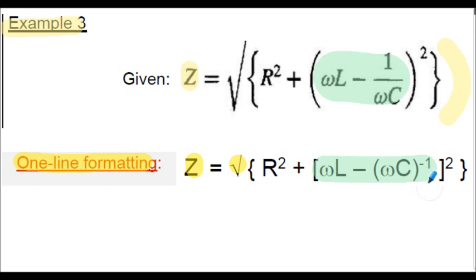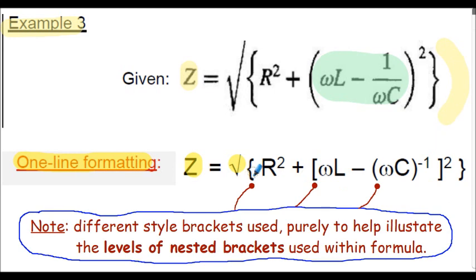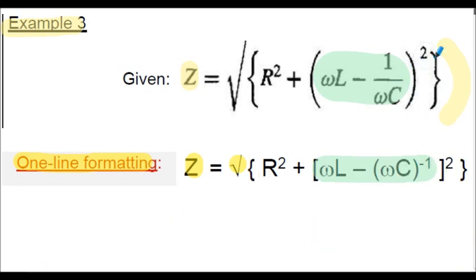Again making use of the -1 index for the omega c term. Again notice the use of nested brackets. Three different types have been used here to aid the illustration of example 3. So again moving from a two-line formatting to a one-line formatting.